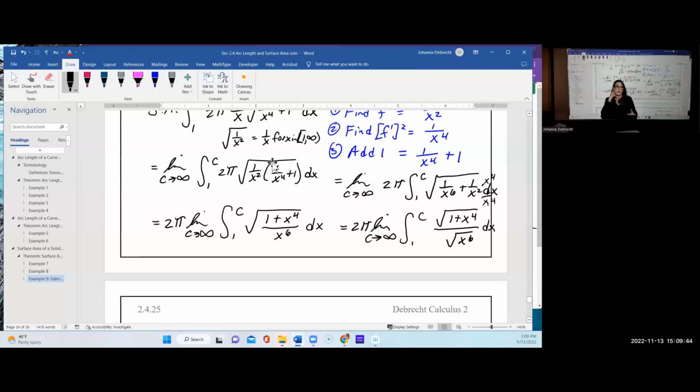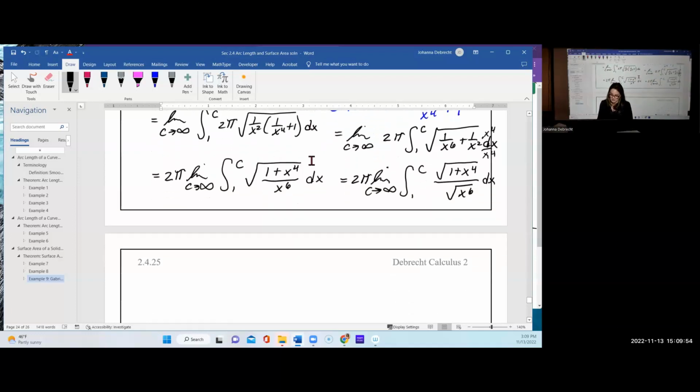Now, normally when you take the square root of something, you need absolute values, but remember that our x's are all strictly positive. So we can drop the absolute value and rewrite the square root of x to the 6th as x to the 3rd. So I have 2 pi, limit tagging along, integral from 1 to c of the square root of 1 plus x to the 4th over x to the 3rd dx.